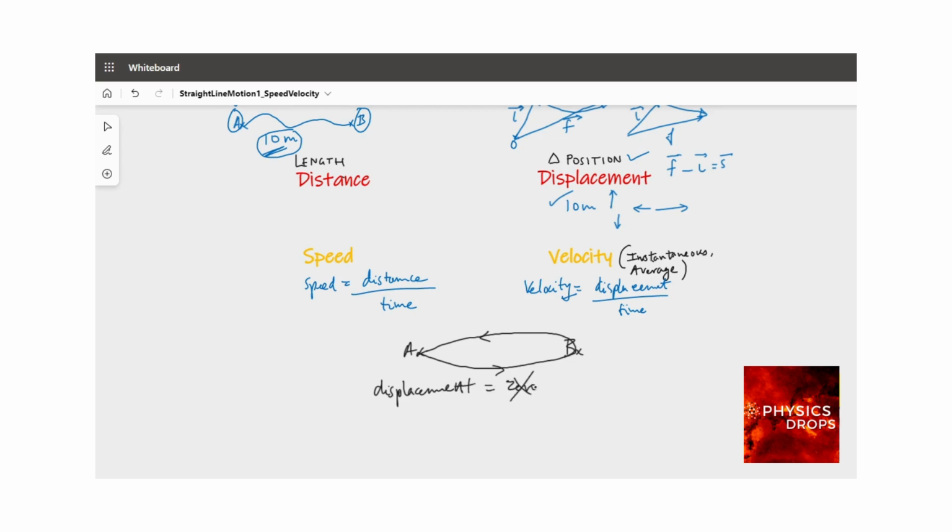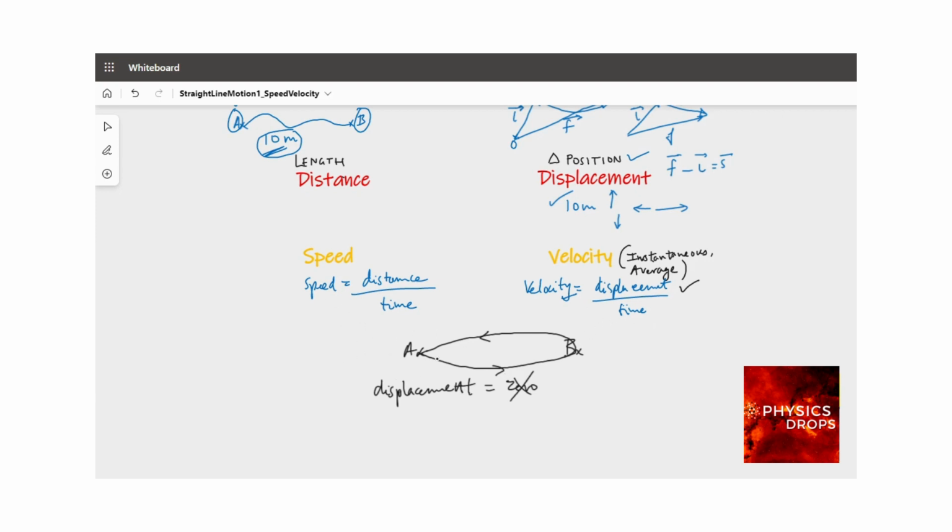There is no displacement at all. But then I've been moving at a particular speed all the while. I moved from A to B, and via B I came back all the way to A. So I have been moving at a particular speed. So definitely there is a speed. But since velocity is displacement over time, it becomes zero.